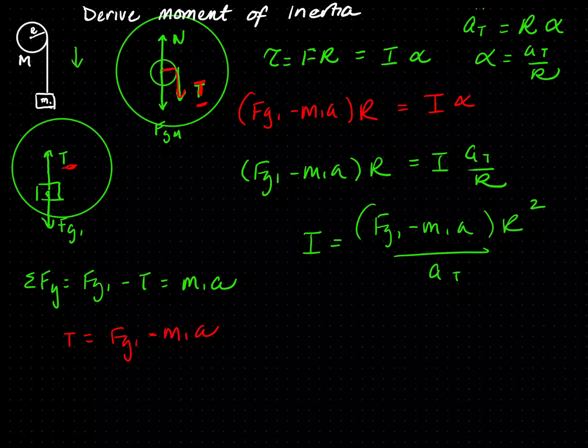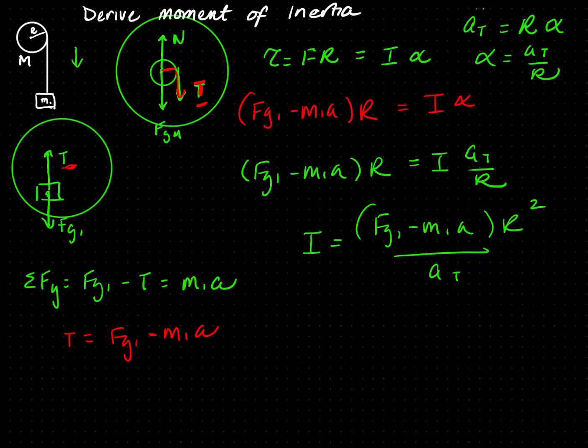So again, to solve these problems, if there are 3 or 4 objects, you draw a free body diagram for each one. If it has a rotational motion, you write a torque equation. And the torque is going to be force times r equals I, moment of inertia, times the angular acceleration.